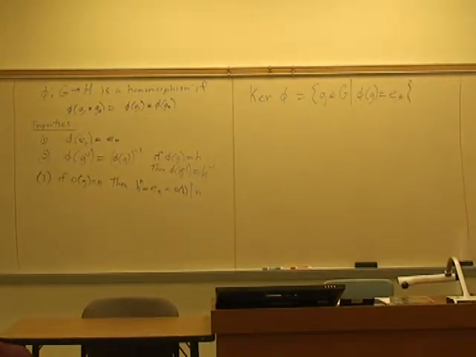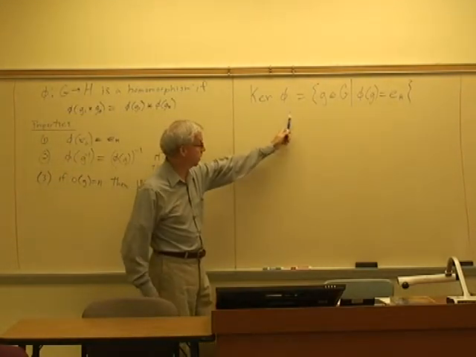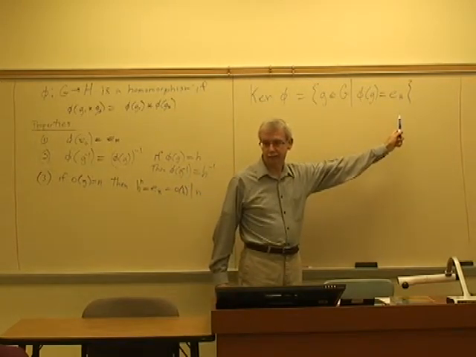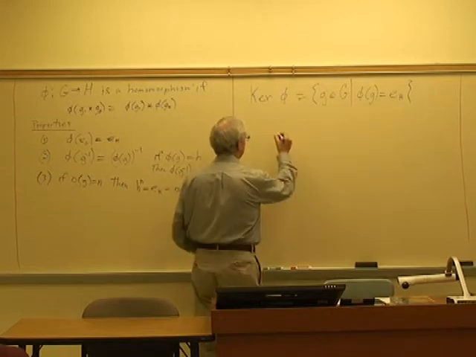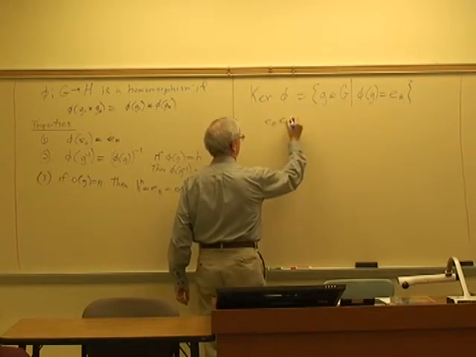We know, for example, because this is a homomorphism, that this set isn't empty. What's one element that's guaranteed to map to the identity? The identity of G. So I know that always the identity in G is an element of the kernel.